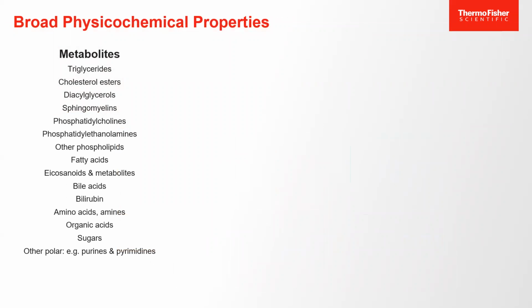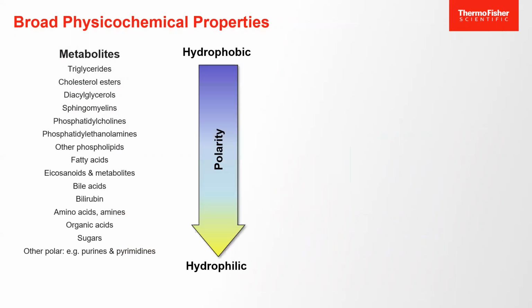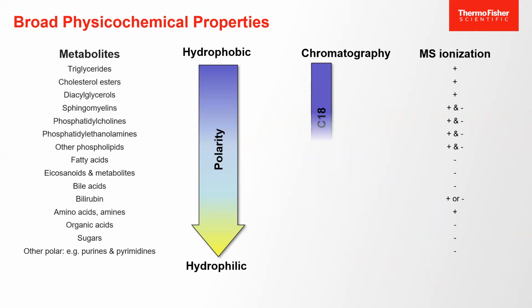When we're looking at metabolites, we have broad physicochemical properties that also range in polarities and ionization, which all depends on how you're going to separate it chromatographically. You don't want to use a C18 for a superpolar compound. Probably not going to work the best. So based on that, you're also going to look at your MS ionization, whether your mass spec is going to be in positive mode or negative mode.